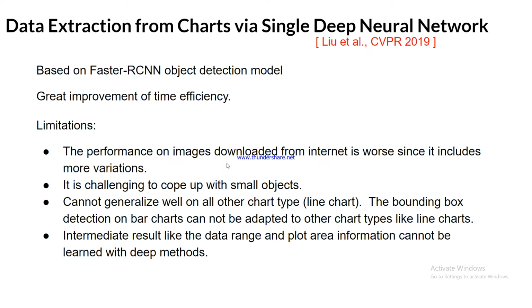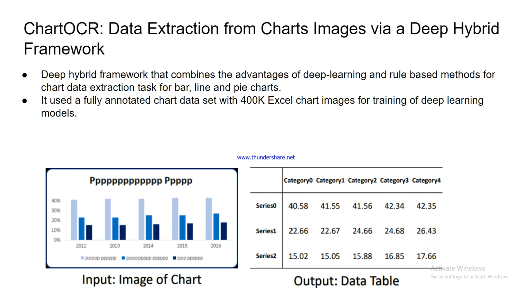So finally, to cope with these challenges, it combines the advantages of deep learning and rule-based methods for the chart data extraction task for bar charts, line charts, and pie charts.